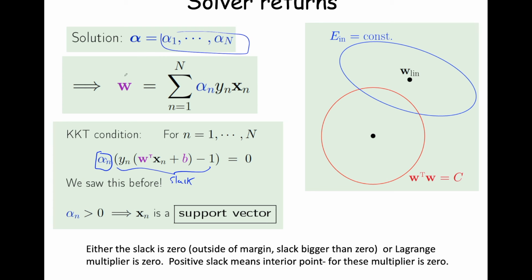And so that means when we define our weight vector, it is going to be a linear combination of those points xn that are on the margin. All those points that are off the margin, the interior points, have a corresponding alpha of 0, so they're not going to contribute to the definition of the weight vector.